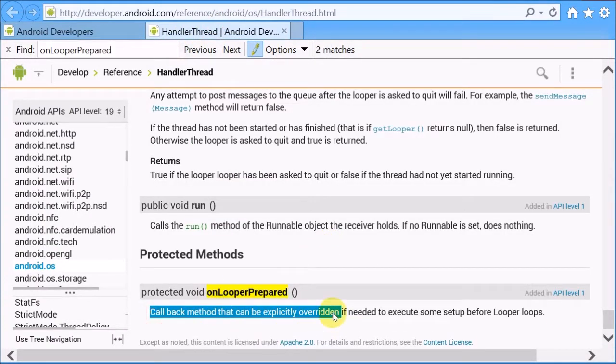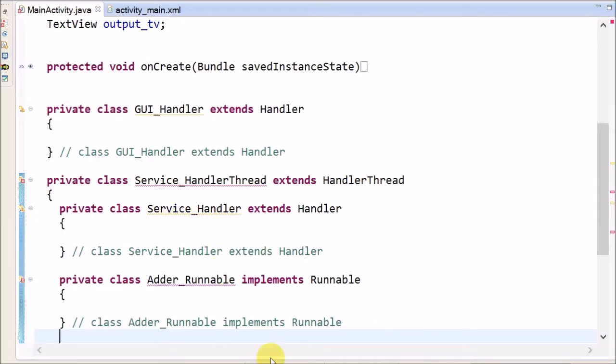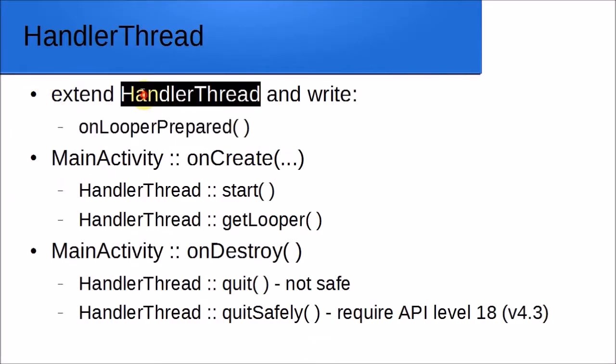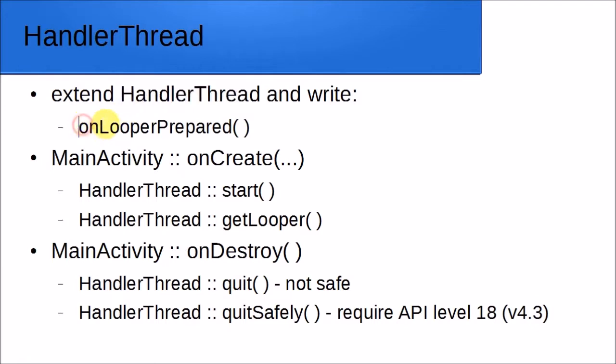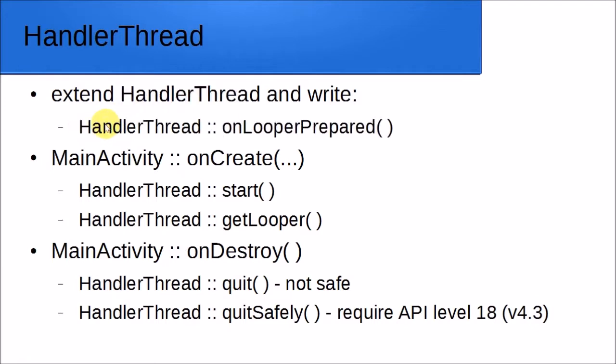It's a callback method that can be explicitly written to execute some setup before the looper loops. The looper is the message loop. So actually here I should say this. Okay, it's a member of a handler thread.